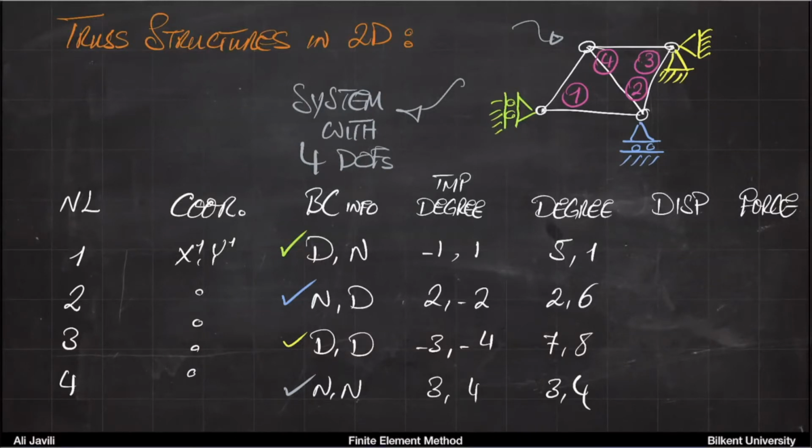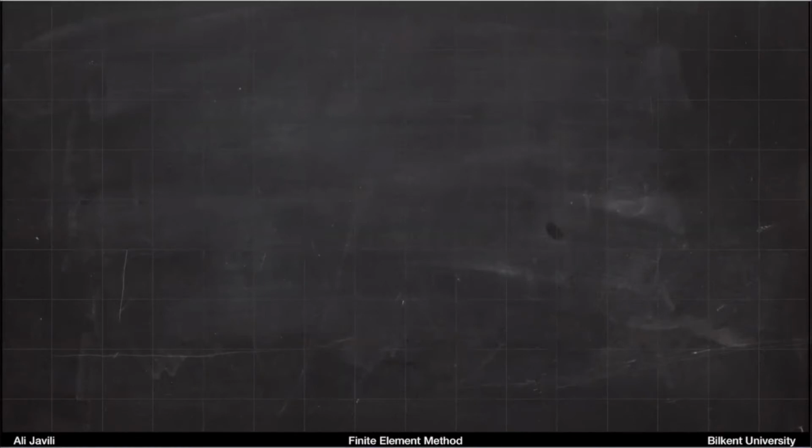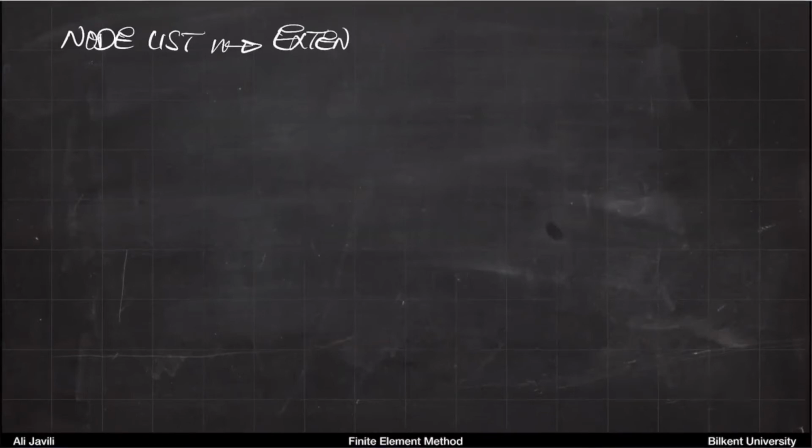Now, we talked about the node list, and its extension to the extended node list, because we want to include all that information within the node list, which we call an extended node list, to solve the system.